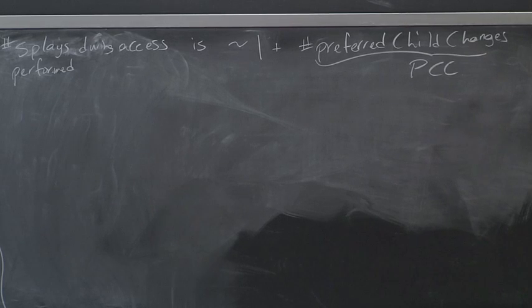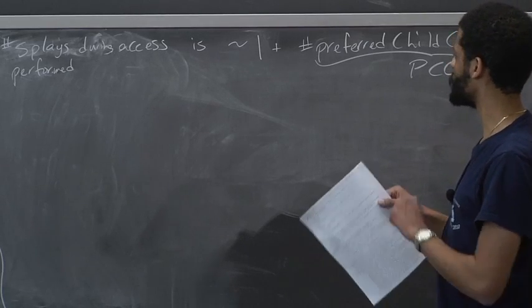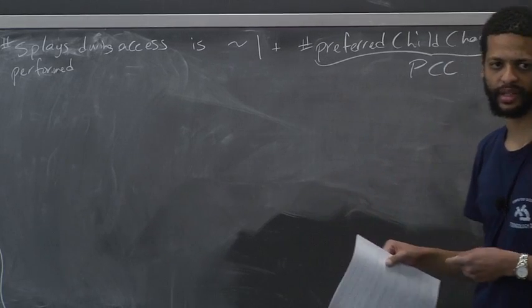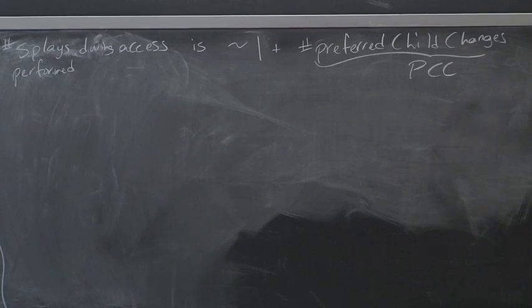Every time we have a preferred child change, we splay V upward. We merge with that new parent in the preferred path, and then we keep splaying upward until V is finally at the root aux tree.